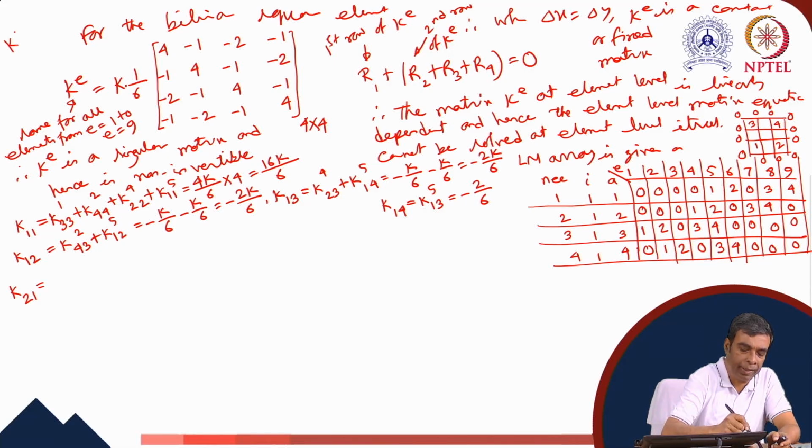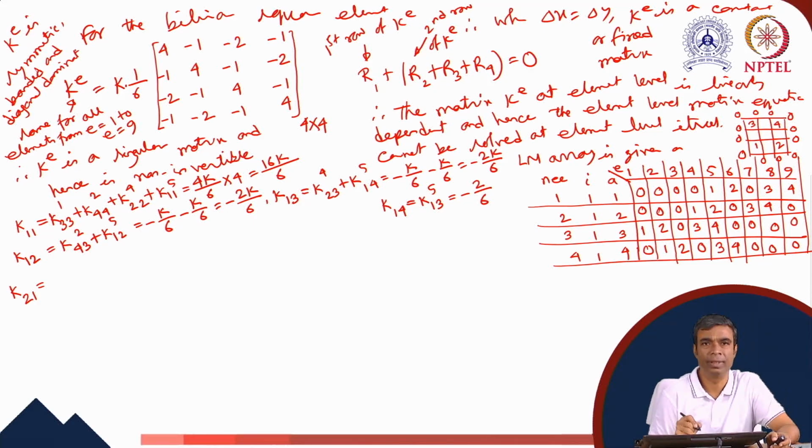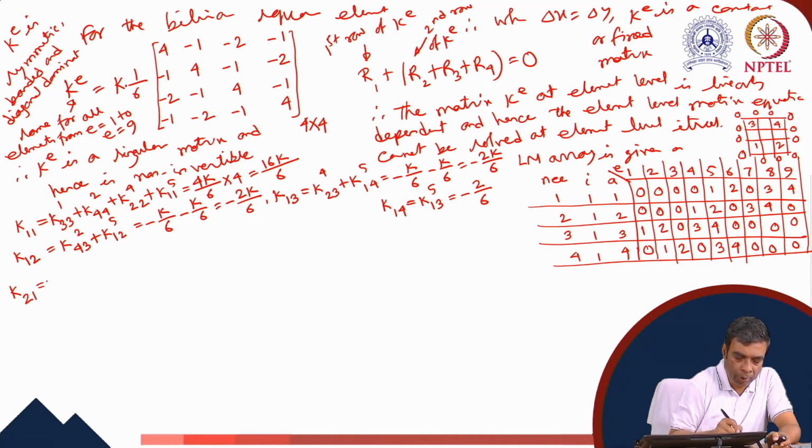So Ke is symmetric, banded, and diagonally dominant. These features we already discussed. We get these features in an elliptic partial differential equation. So K21 must equal K12. This will be minus 2K by 6.